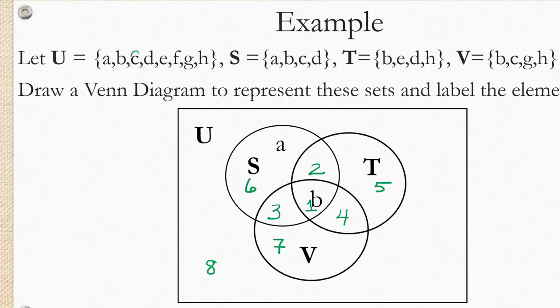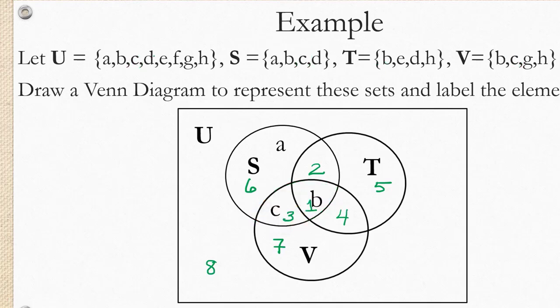Okay, how about the element C? Well, C is in S, it's not in T, but it is in V. So we're looking for an element that's in both S and V. So it has to be where the 2 sets overlap, which is this football shape here. And that includes region 1 and region 3. But region 1 is also in the set T. And remember, C is in S and V, but not T. So it must be that C is in region 3.